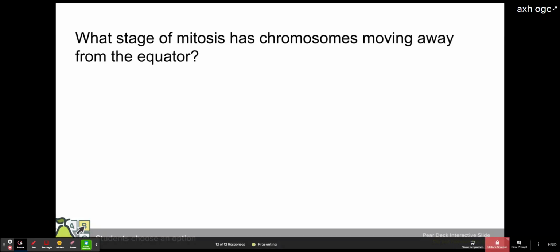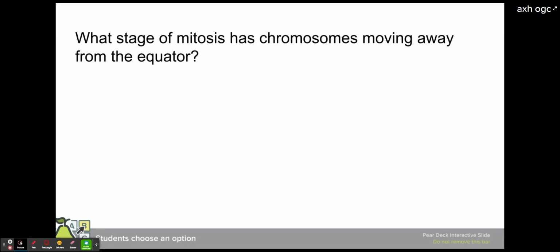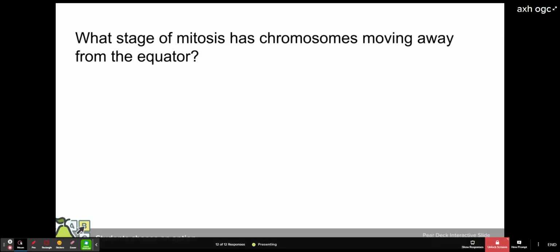All right, so the correct answer is anaphase. Telophase is when the nucleus is reforming and the chromosomes are uncoiling back into the chromatin stage.